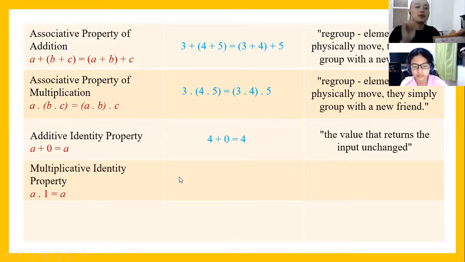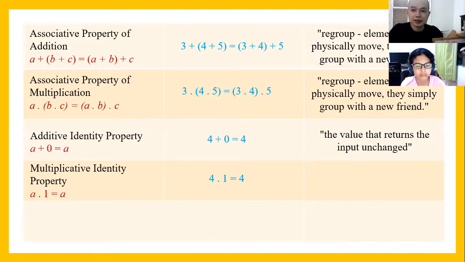Now, if you have additive identity property, there's also multiplicative. That is when you multiply 1 to any number, it will also be the same value. Example, 4 times 1 is equal to 4. Any number, no matter how small, no matter how big, if you multiply by 1, it will always be the same number.